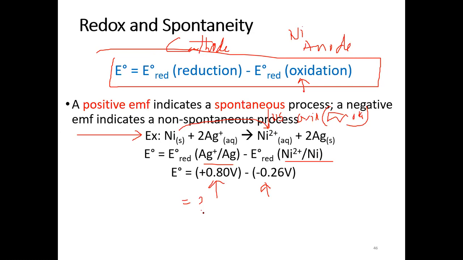So then my number is going to be a positive number, which is 1.06 volt. And that tells me the positive EMF means that the reaction is spontaneous.